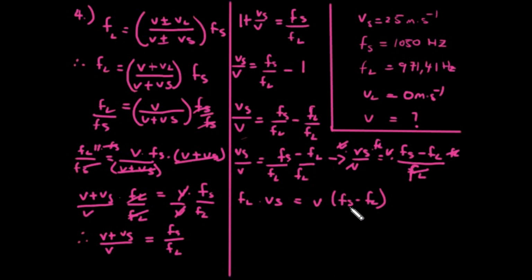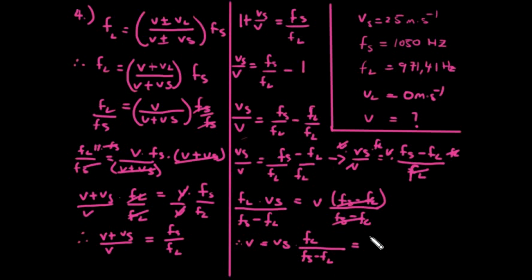All right, now we divide this side by f of s minus f of l to get rid of the fraction, and we do it to this side as well. And therefore, we get our equation to be v equals vs times f of l over f of s minus f of l, which equals, we can sub in here, f of l was 971,41 hertz all over 1050.